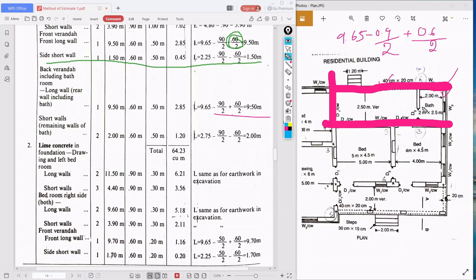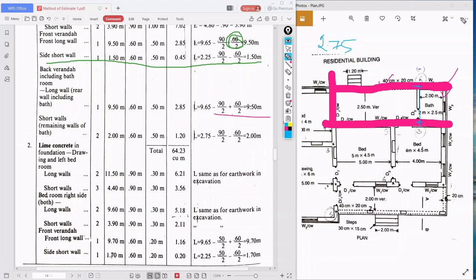How many short walls are there? Two short walls are there, this one and this one. We need the center to center length of this short wall. What is it? That is 2.75.